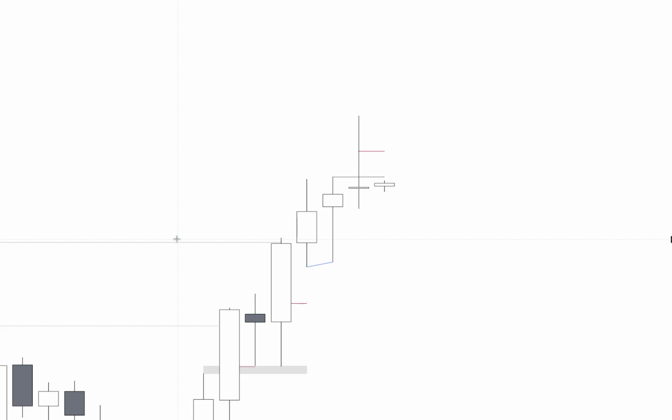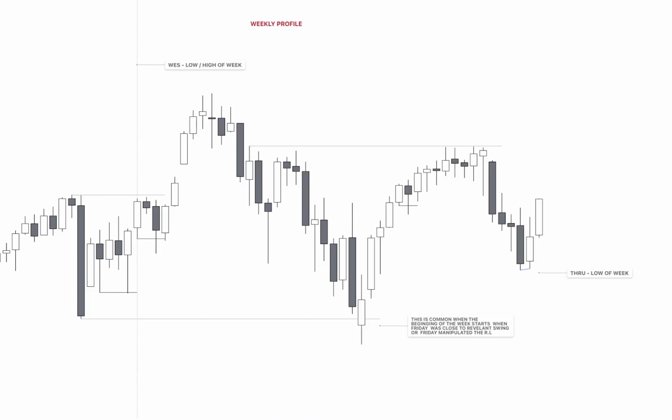which is what the GXC model does. It gives you a framework to use to identify what the candle might displace to based on the overnight price action, which is the same thing that we were doing here.